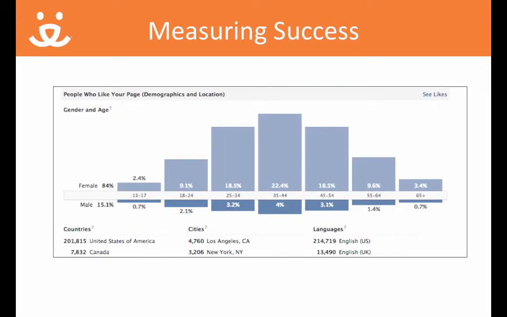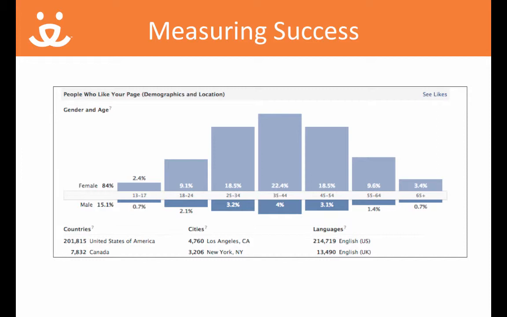And the other thing about insights, which is really cool, is you can see the demographics of the people that like your page. So, not surprisingly for the Best Friends page, the majority of the people who like us are women from the ages of 35 to 44. Not surprising to anyone. But interesting to look at.